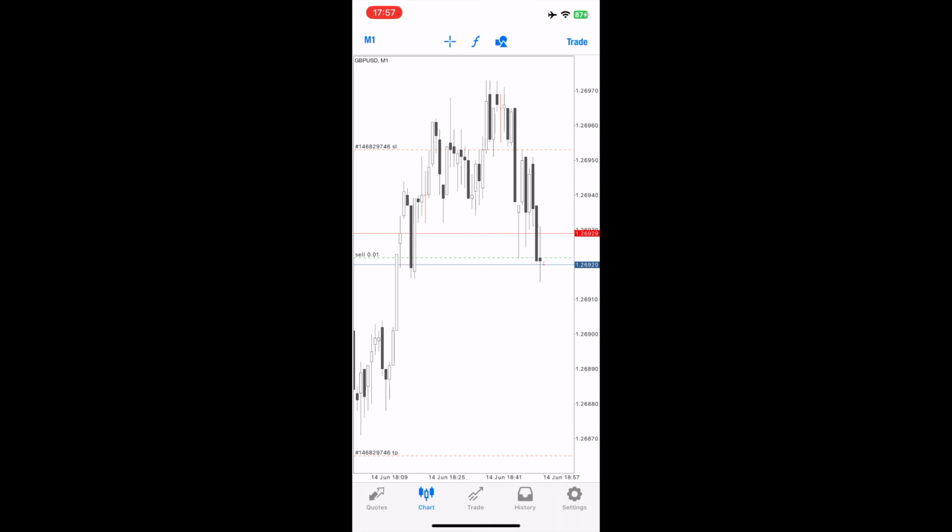So yes, I've been able to explain to you what market execution is, what a buy limit, sell limit, buy stop, and sell stop are. I don't want to waste too much time on this. Now you have the idea of what they are, and you can use them while trading.